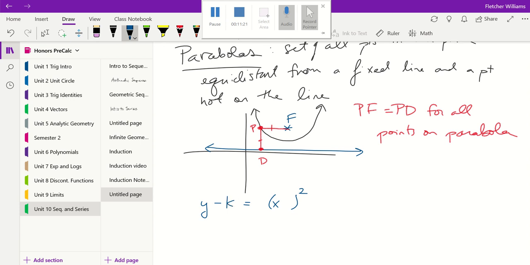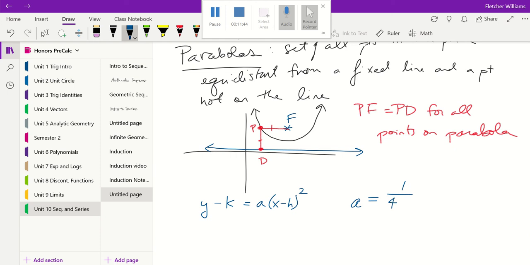Y minus k equals a times (x minus h) squared. And that A was a special variable, right? We had a formula to relate C to other things, right?